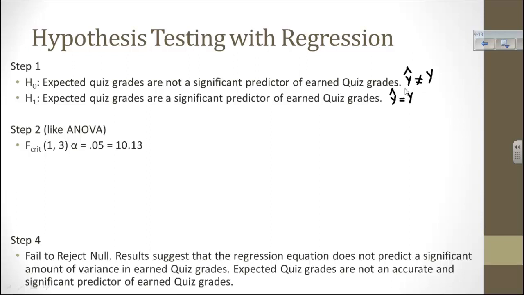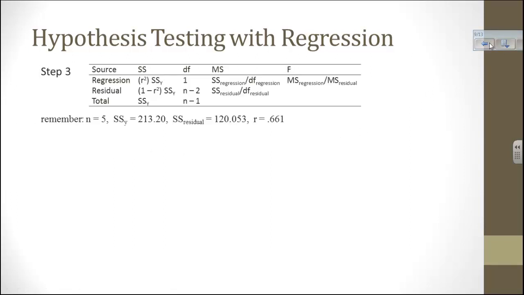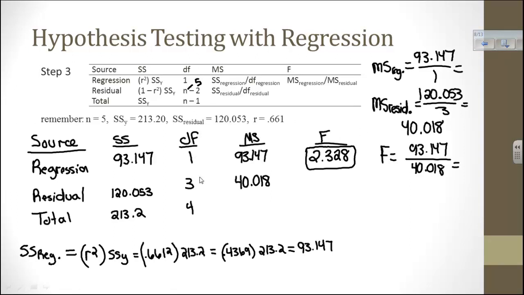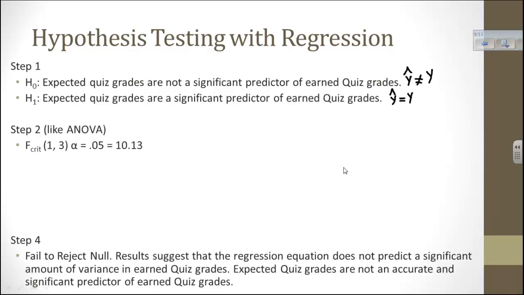All right. Step 2 is just like ANOVA. I'm not even going to walk through it because we've done this before. You would find 1 for degrees of freedom numerator, 3 for degrees of freedom denominator, alpha level 0.05, and you would have this critical value. 1 and 3, numerator, denominator. And if we drew this out, which I like to do, we're still working with the F distribution like we did in ANOVA.